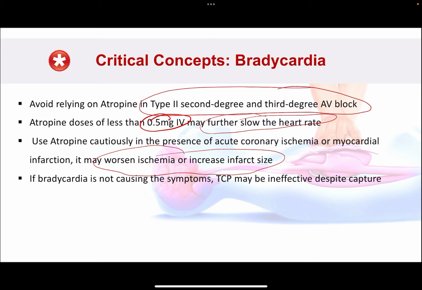If bradycardia is not causing the symptoms, TCP may be ineffective despite a capture as well. Okay, so you need to investigate. You need to find out what's happening to this patient. What if the low blood pressure of the patient is not coming from the bradycardia, and something else is wrong?